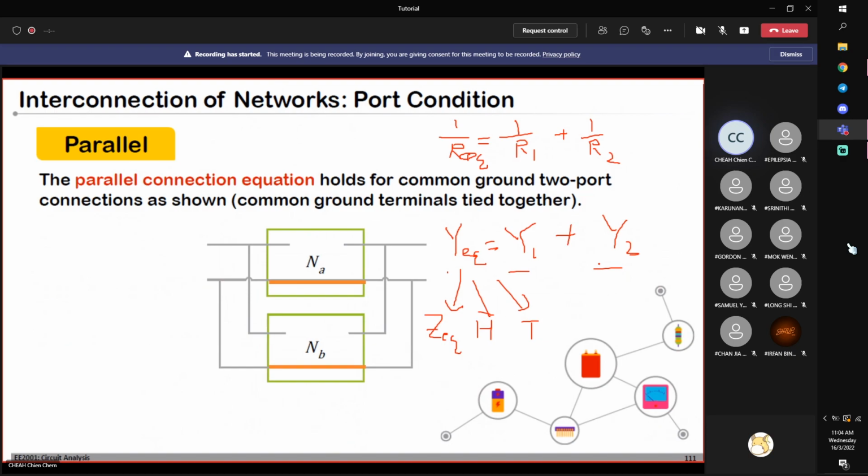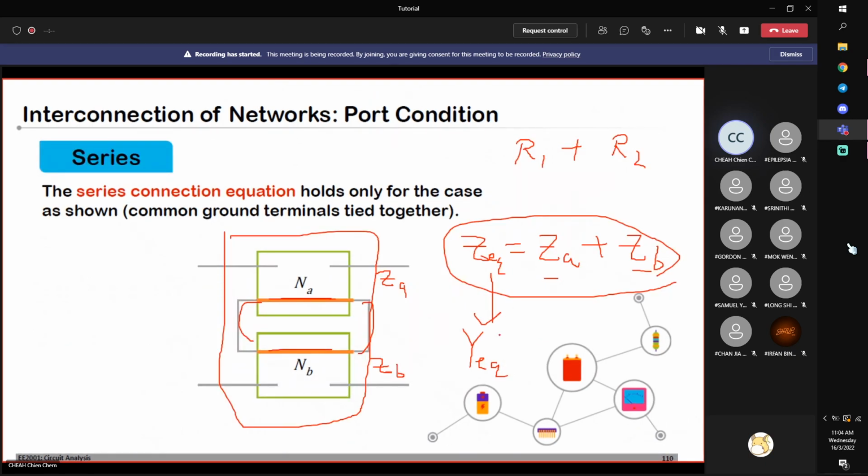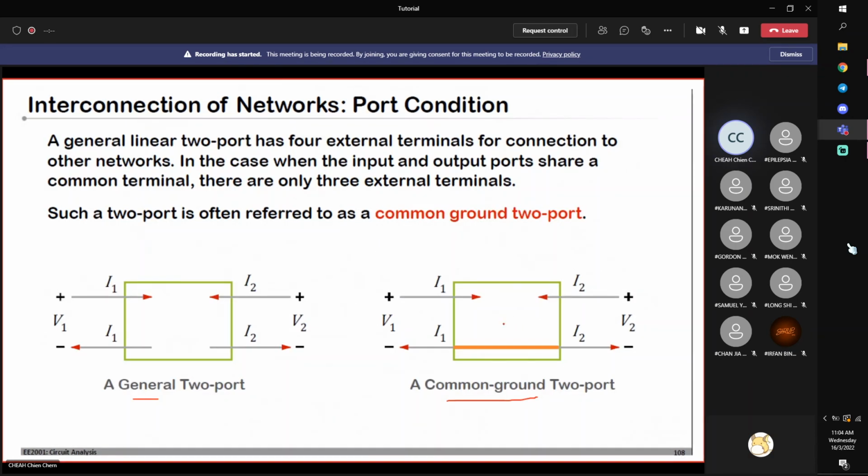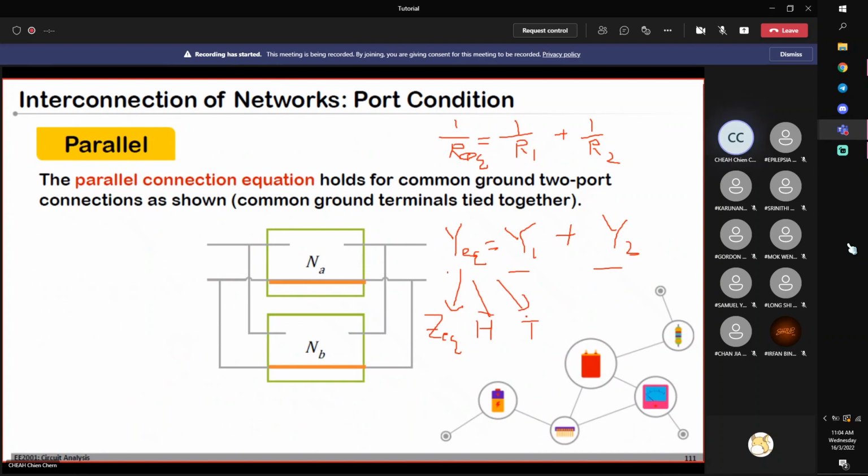If the question wants another form, then just transform it into that form. For Z to Y, use the inverse matrix. Y to Z can also use the inverse matrix. For other forms, it's simply algebraic manipulation, which I've shown many times in these tutorial problems. When you write out the equations, you can always rearrange them into the other form.